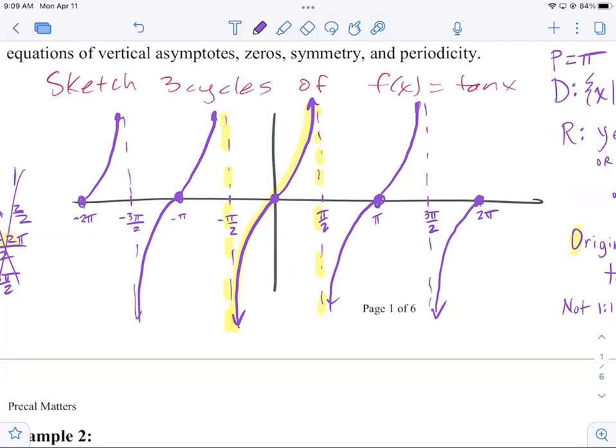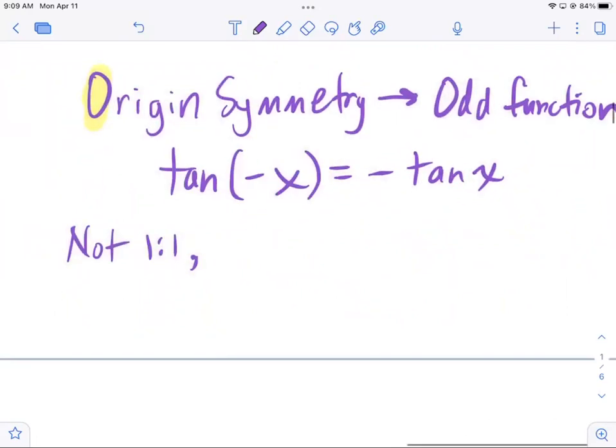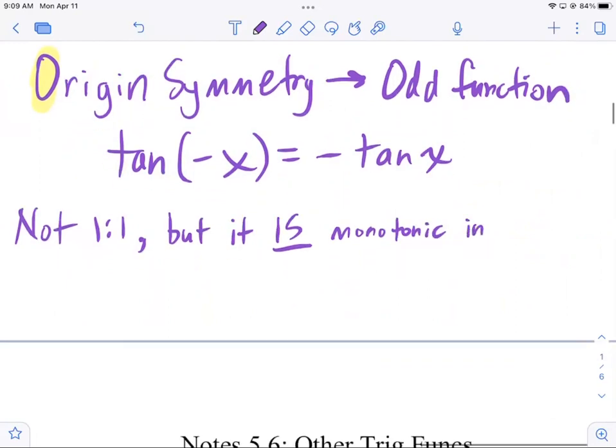This graph is only going up from left to right. Is it going up and down? No. But it is monotonic increasing over its domain.